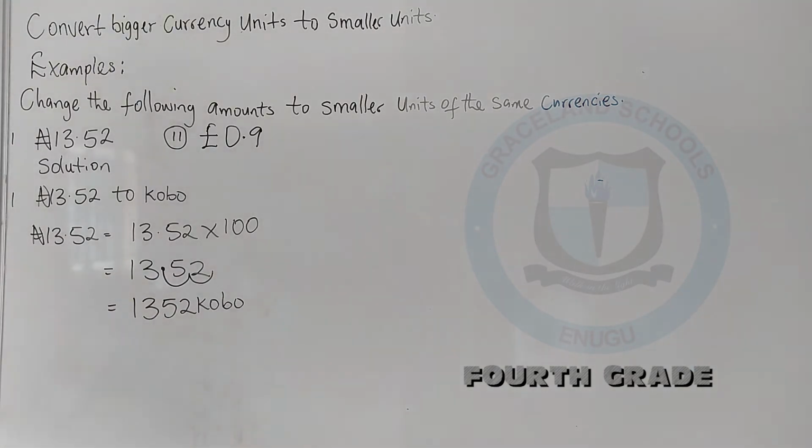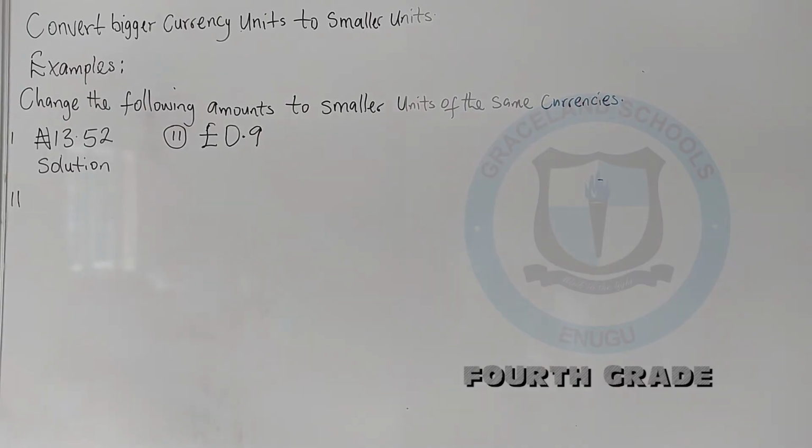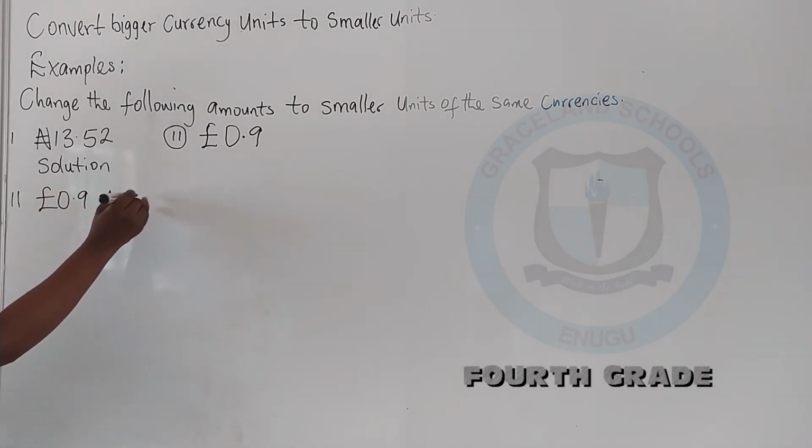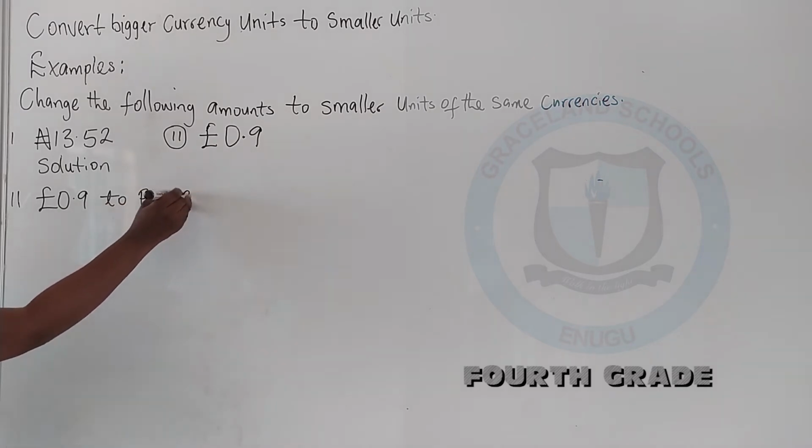Okay, I want to give you one to solve. Try the second one in your rough. Let's change 0 pound 9 shillings to pence. That's the smaller amount.